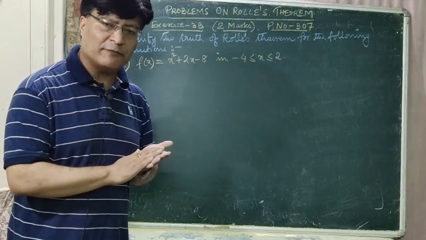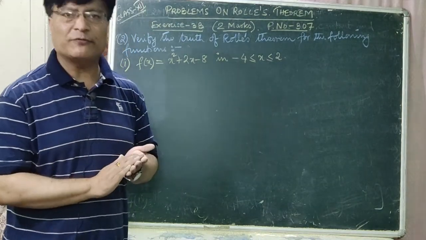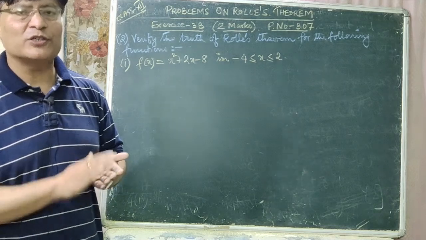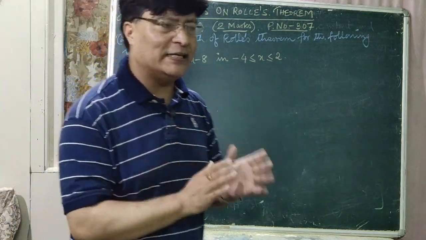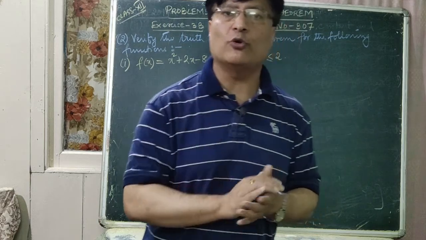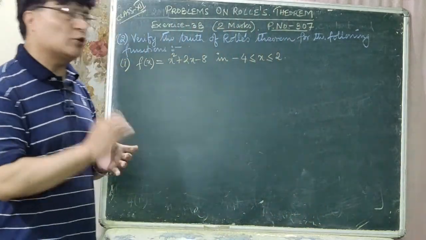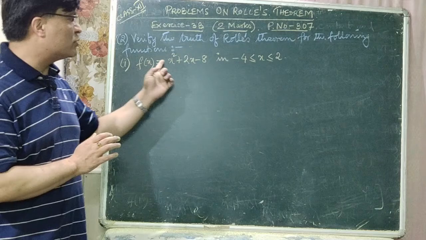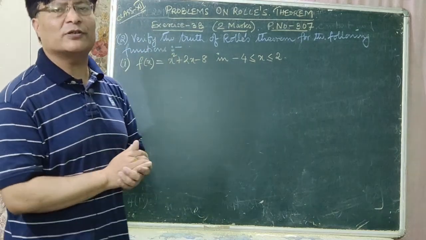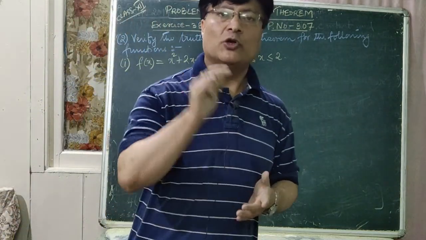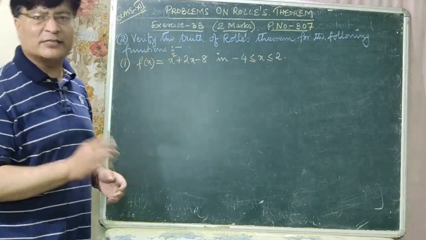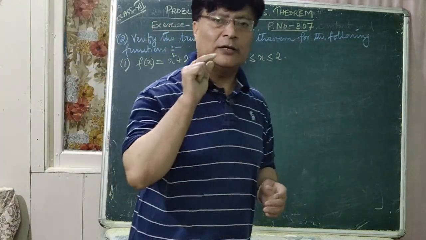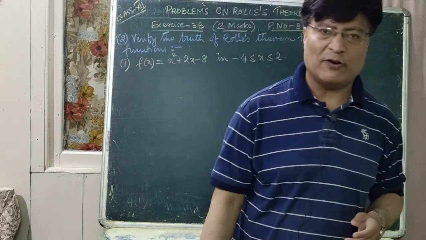Then comes logarithmic function, trigonometric function, exponential functions, and inverse circular function are all continuous and differentiable function in its domain. Okay, so domain means those values of x for which the function f of x is defined. Those real values of x for which the function f of x is defined is known as the domain of the function f of x.